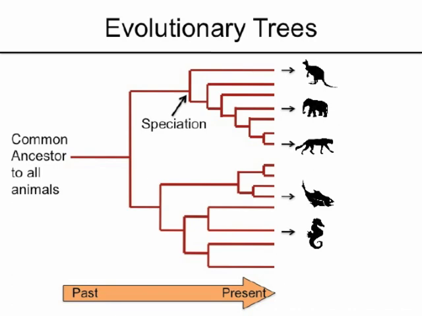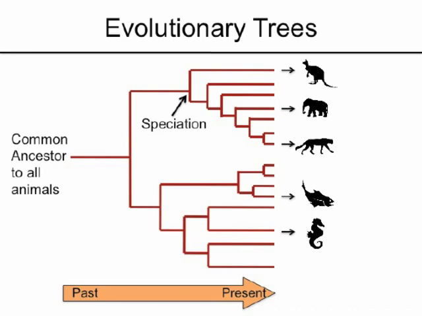So by how close together different things are on these trees, you can tell how recently they had a common ancestor. So a seahorse versus an elephant shared a common ancestor a long time ago, back where their two branches exist way back here near the common ancestor to all animals, whereas a kangaroo and an elephant shared a common ancestor where that speciation arrow is.